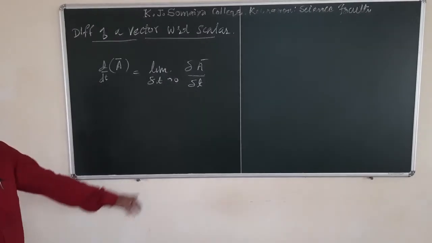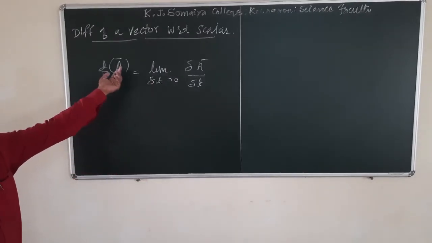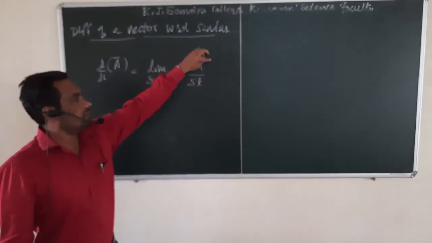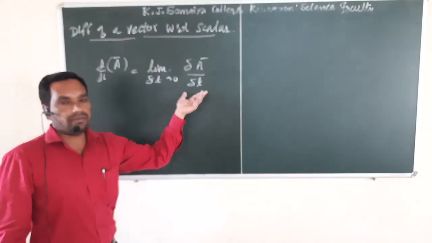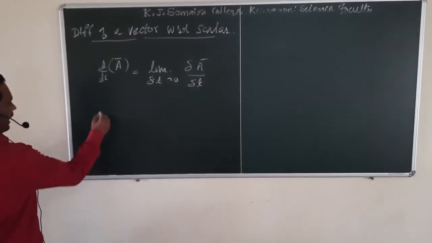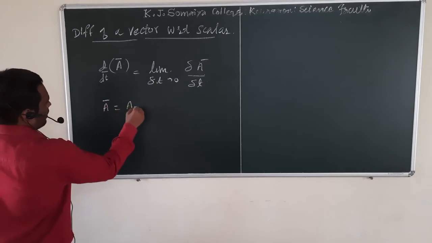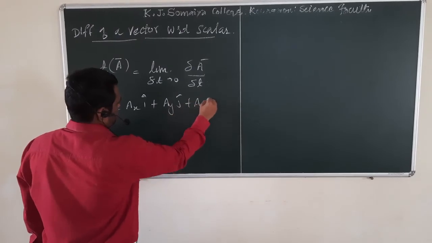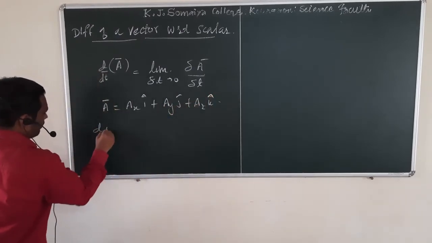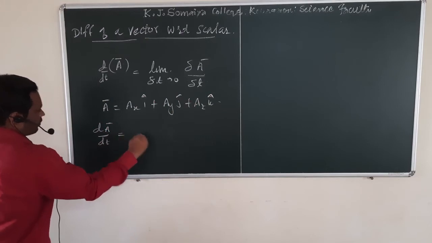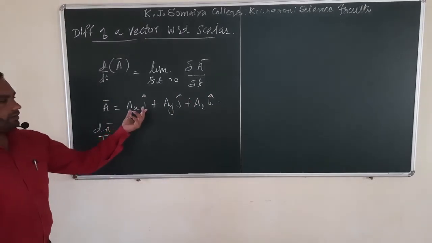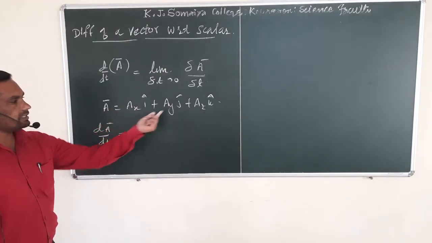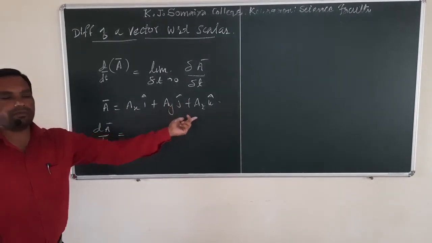The same definition holds for any scalar function. Instead of vector A, if you have a scalar function, then this is the definition of the derivative. Suppose we have vector A with components Ax, Ay, Az, and you are taking the derivative of A with respect to time. Then you take d by dt of Ax, d by dt of Ay, and d by dt of Az.